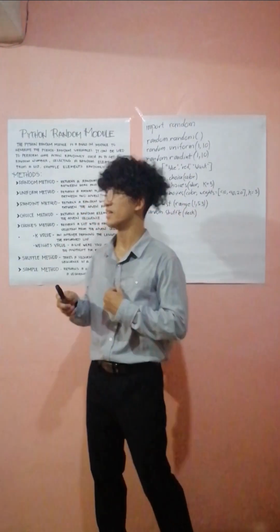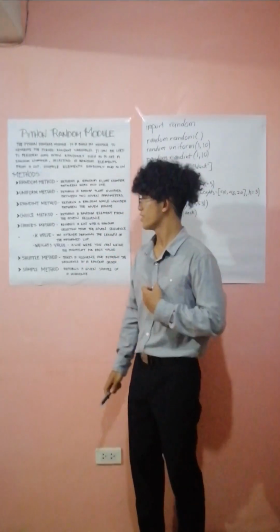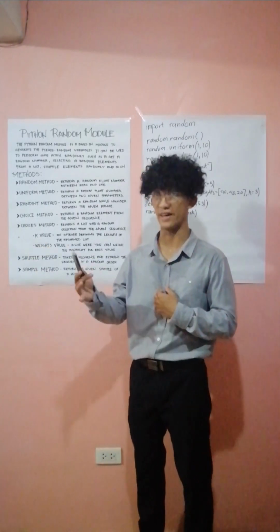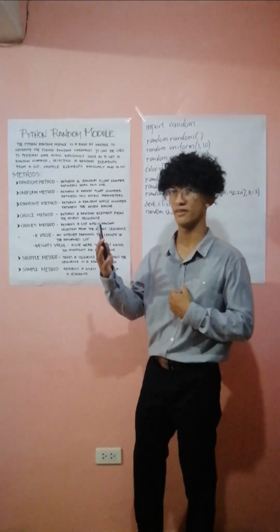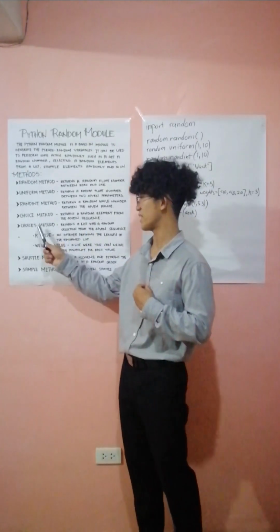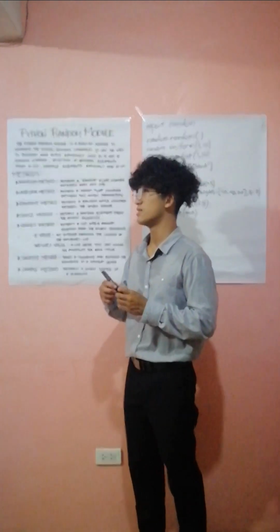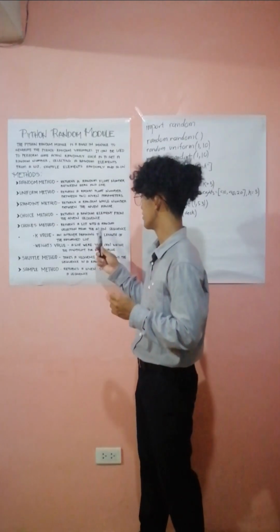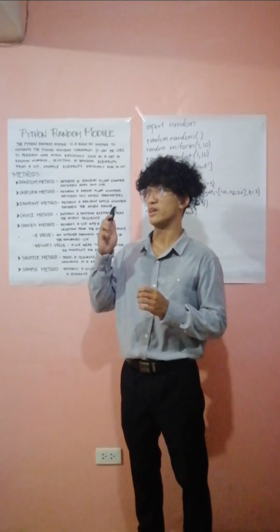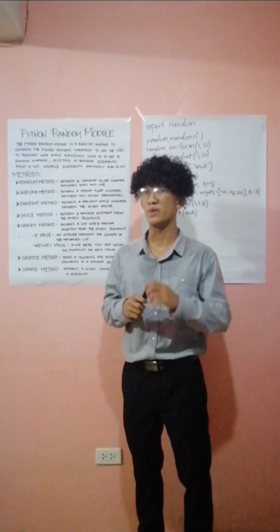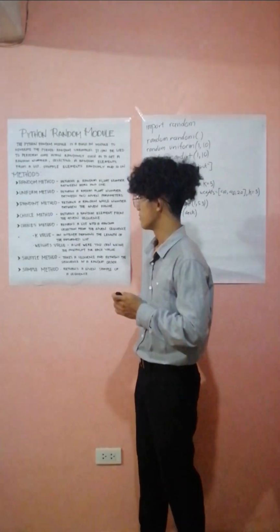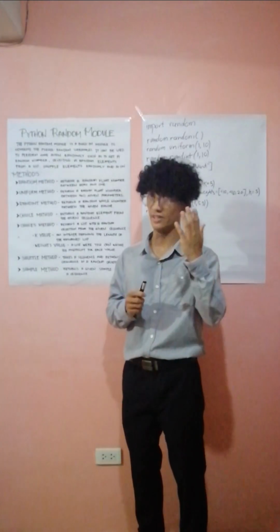Because if you think about it, you can say that you can also use choices in picking five cards from a deck of 1 to 52, right? But the choices method will select random elements from the given sequence, which means card number one can be picked twice, which we do not want, because we want five different cards.